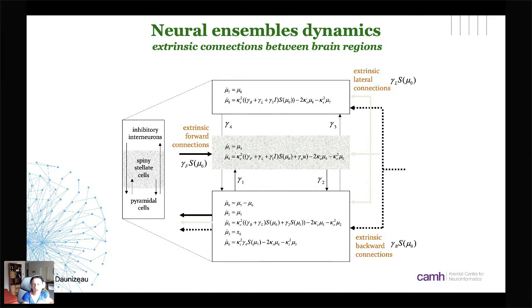All of these are modeled for a single source, a single region of interest. Forward connections correspond to afferent pyramidal axons and synapse onto stellate cells, while backward afferents have an impact on pyramidal and inhibitory interneurons outside of layer 4, corresponding to the stellate cells.